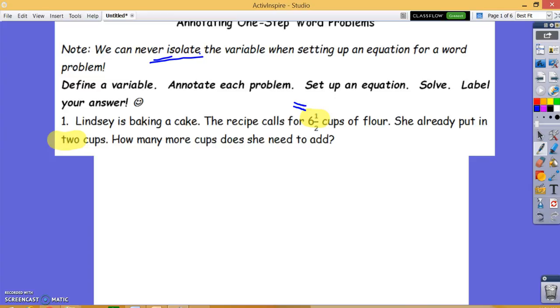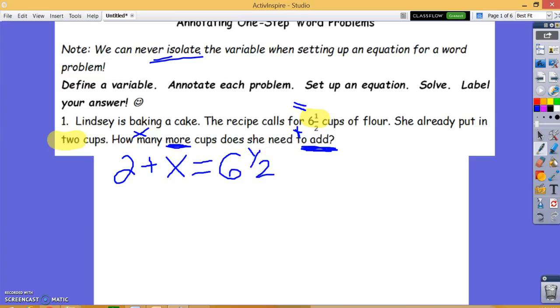Okay, next sentence. She already put in 2 cups. How many more does she need to add? That tells me right there that I'm going to be adding. Okay, how many more? I'm not sure. X. So I have 2 cups, and I'm adding some other amount of cups, x cups, and it's going to equal 6½.